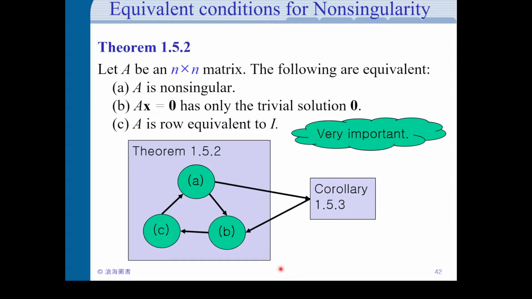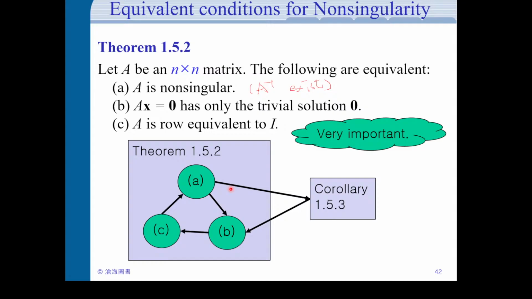So there are 3 different ways to say that A is a non-singular matrix. First, A is non-singular means that A has an inverse. Another way to say this is A inverse exists. Then the other way is that Ax equals 0 has only the trivial solution 0. So the only solution to Ax equals 0 is 0.